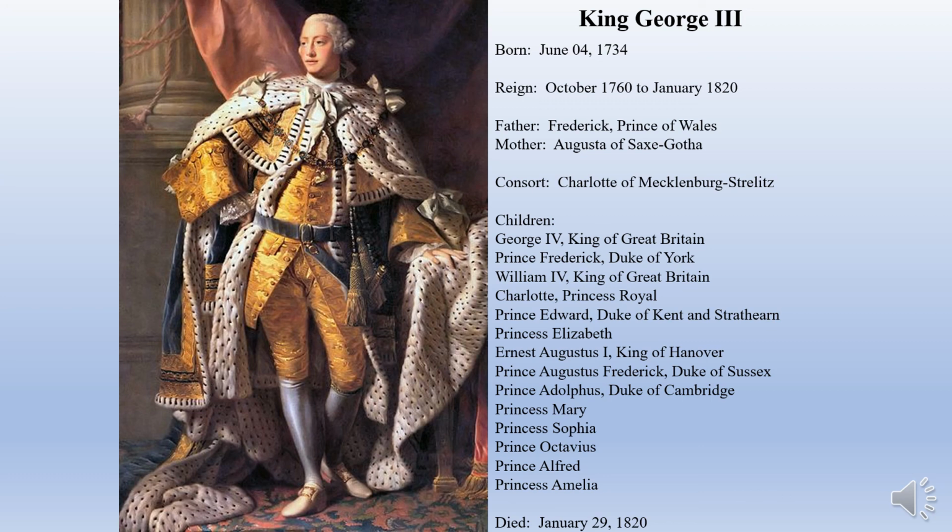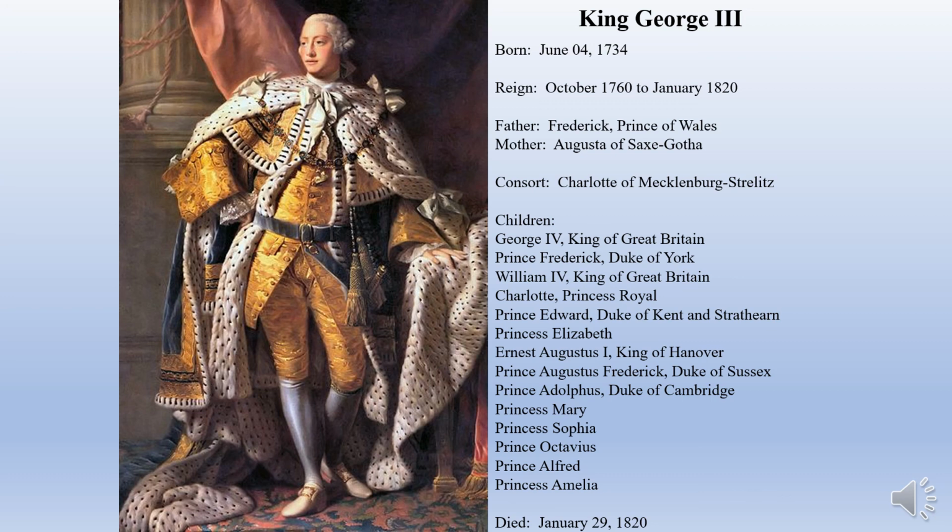And so Hanover has a rule called Salic law, like the French do, where only men can inherit the throne. So instead of the daughter of the Duke of Kent and Strathearn becoming the Queen of Hanover, her uncle Ernst Augustus becomes King Ernst Augustus I of Hanover. By the way, it's during George III's reign that Hanover is elevated to being a kingdom.